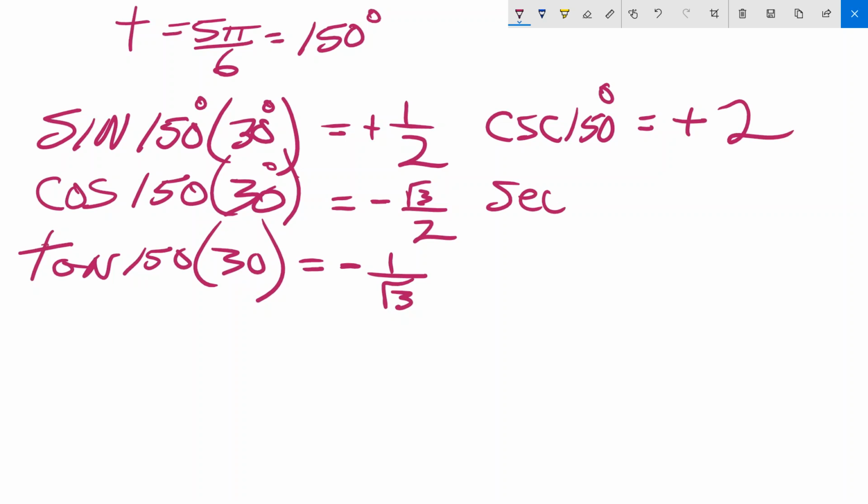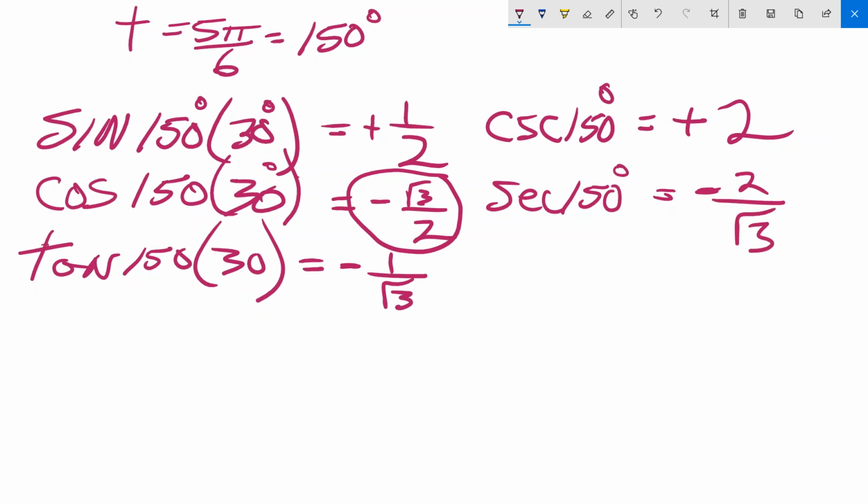Secant, which is the reciprocal of cosine, so we don't have to do anything here other than just flip that. Flip that in, what I've circled there. What is that? Flip it. Negative 2 over root 3.